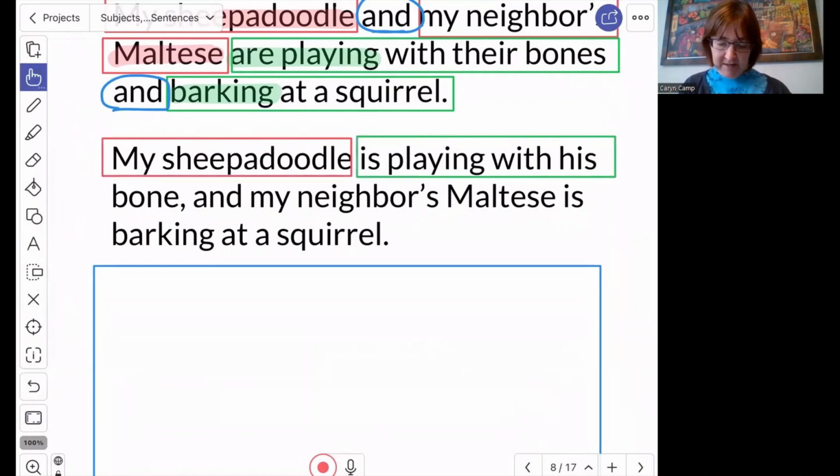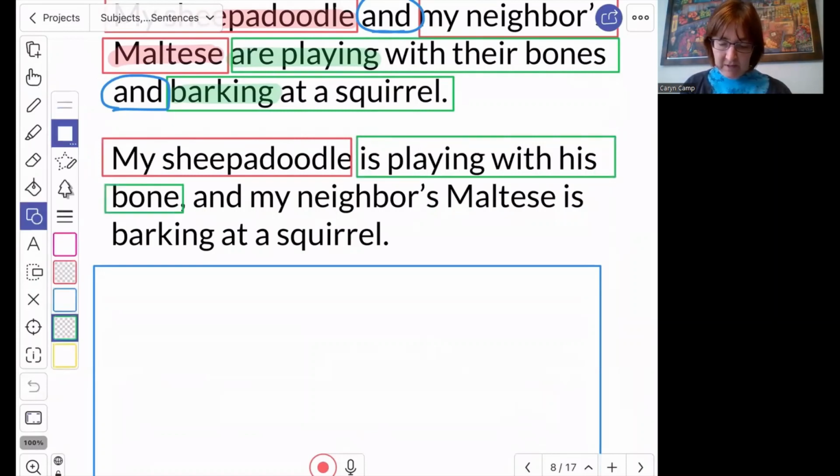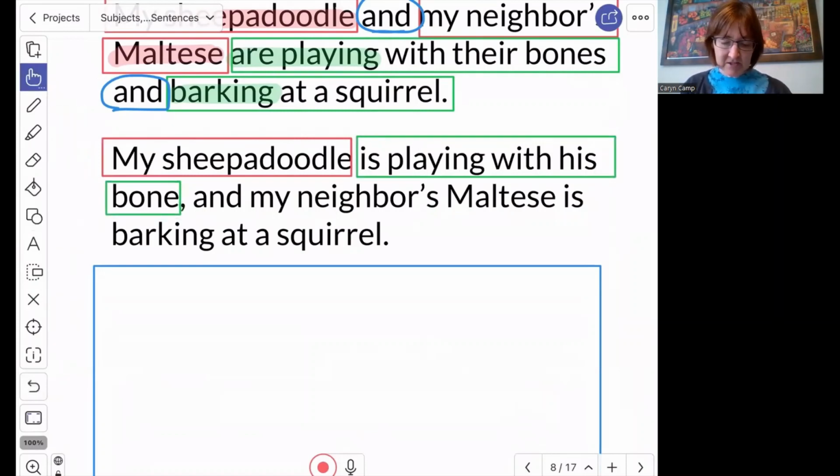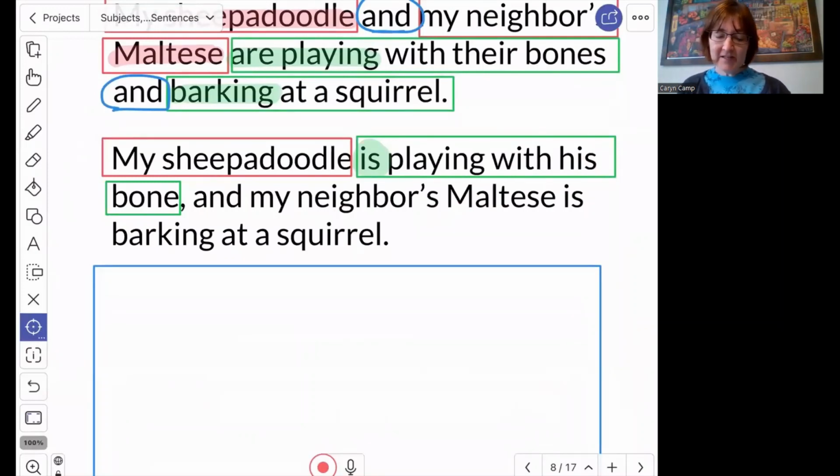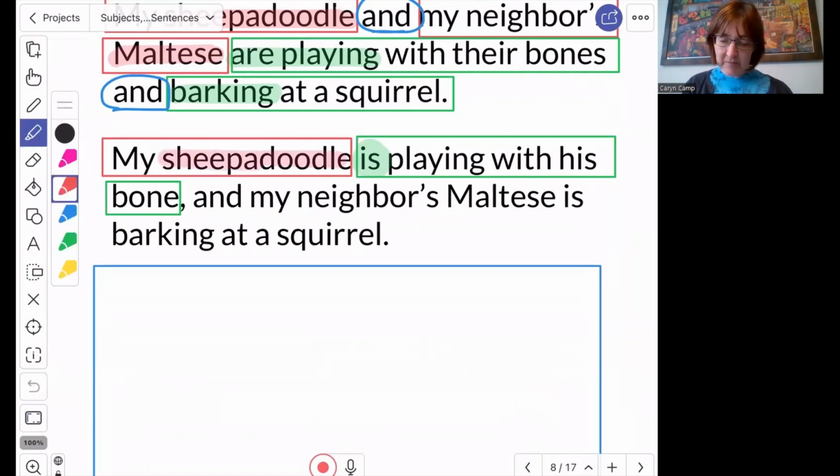Is playing with his bone. Keep in mind that since this is just one dog playing with his bone, we say is here. And notice that we changed there to his, right? We didn't want this to be a bone that belonged to more than one dog because there's only one dog playing with it. And the simple subject is sheepadoodle.